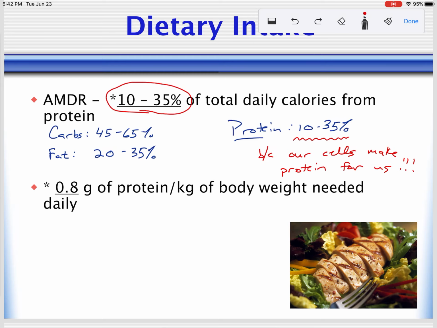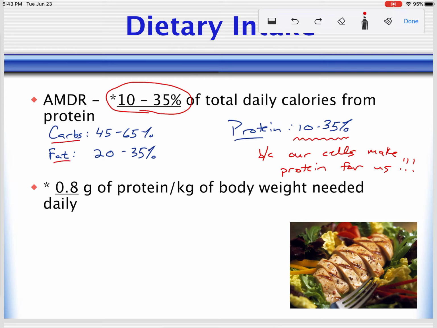So because our cells make some protein for us, we just don't need as much through diet because we already have some coming from our body. Protein's not less important. I'm not a protein hater. It's very important that you know that. Protein's important. But if we understand the science, our body makes a lot of protein for us. So because our body makes a lot of that protein for us, we don't need as much through diet.